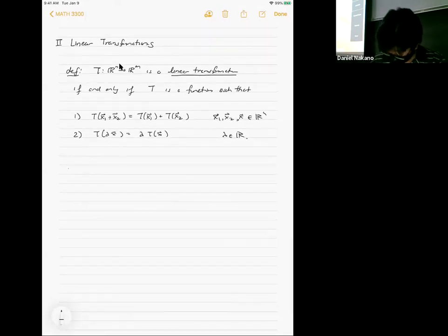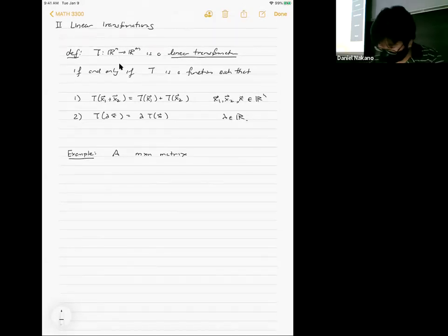So let's look at the classic example of a linear transformation. Let's say A is an m by n matrix. Whenever you have an m by n matrix, you can always think of A as a linear transformation. So you can let T of x be equal to just A times x.